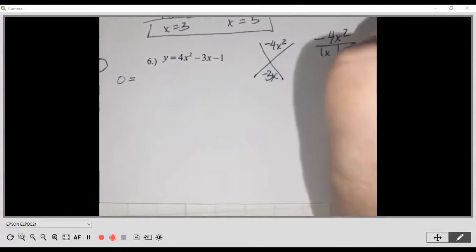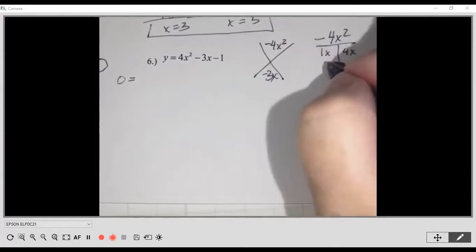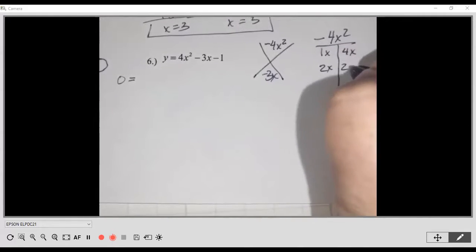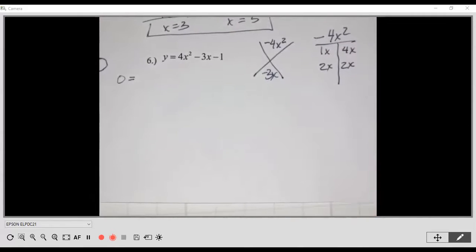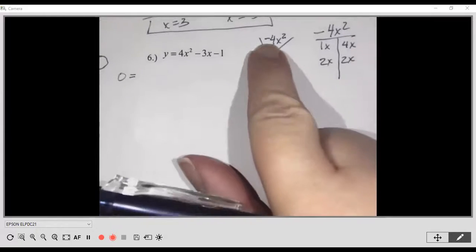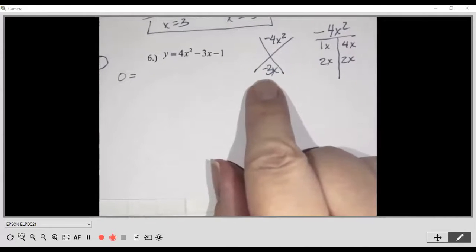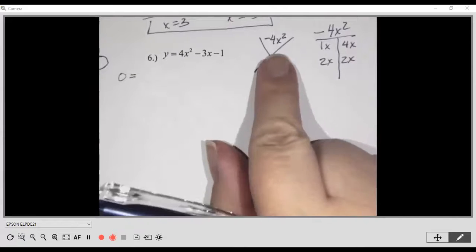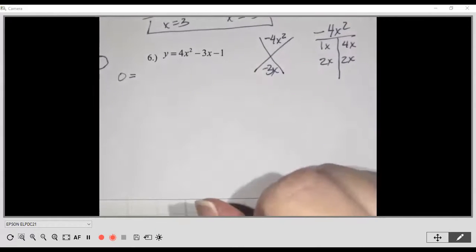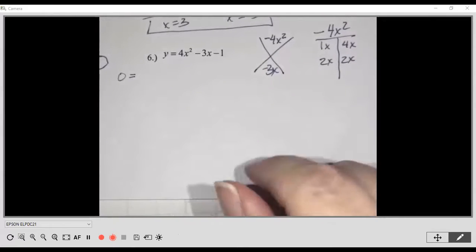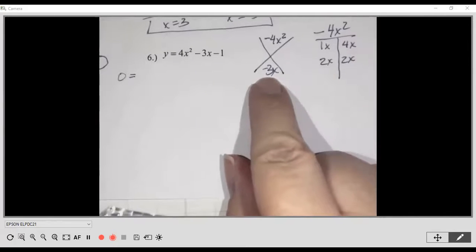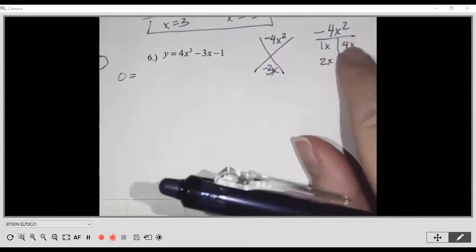We can have 1x times 4x or 2x times 2x. When they're multiplied together, they gave us a negative. When they added together, they gave us a negative. So to multiply together to get a negative, one number has to be positive, one number has to be negative. To add up to a negative, the number with a larger absolute value has to be negative.